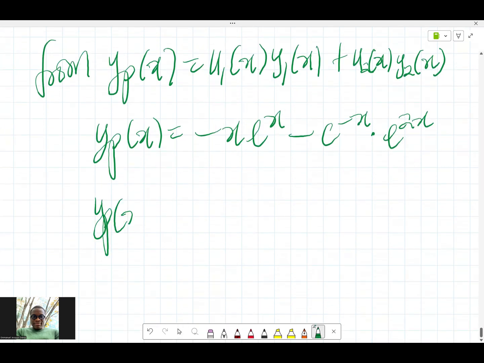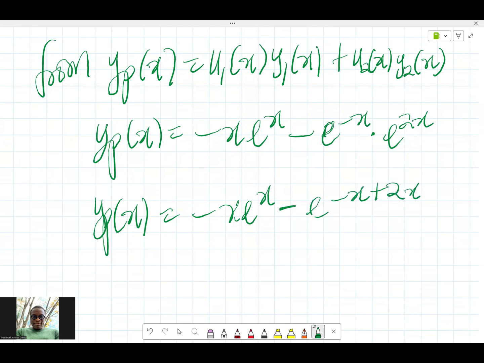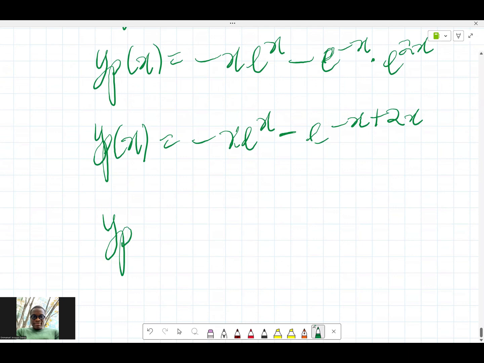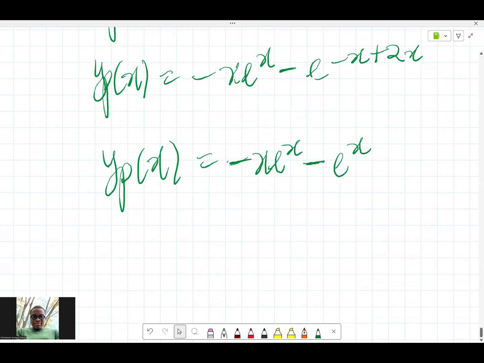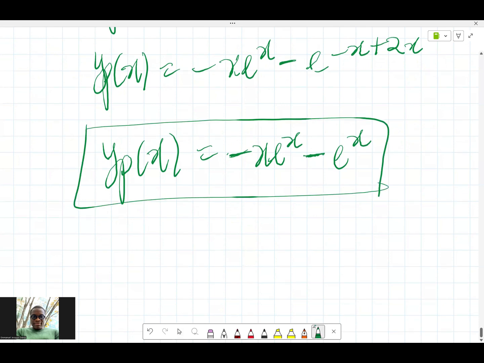So yp of x now is equal to minus x e raised power x, then minus e raised power minus x plus 2x, from the law of indices. So yp of x is equal to minus x e raised power x minus e raised power x. So this is our yp of x now, okay?